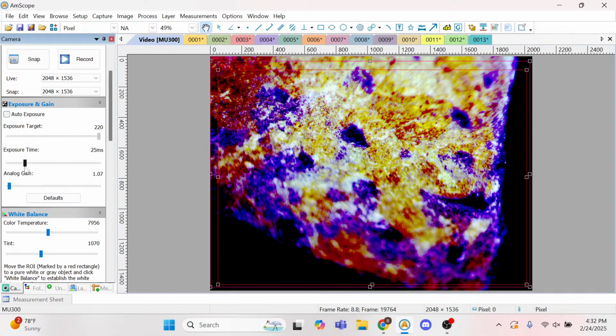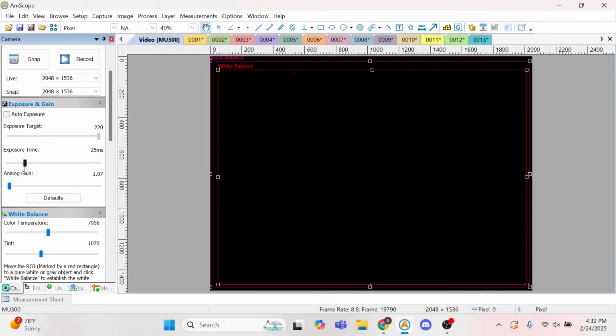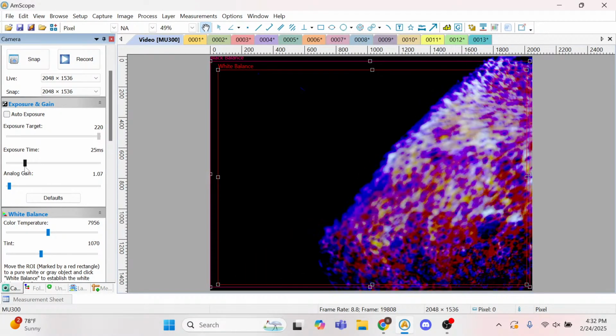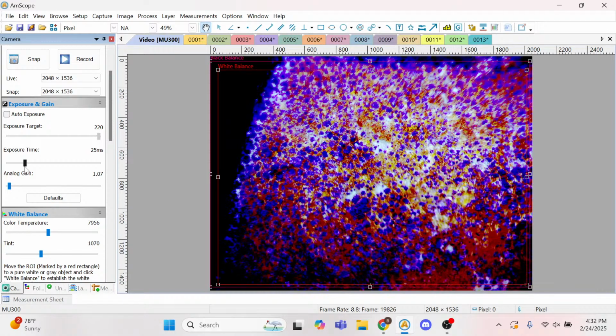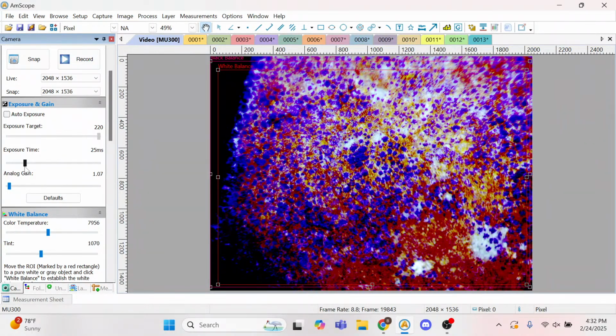I hate that. Check that out. So here's the inside of that theropod egg.